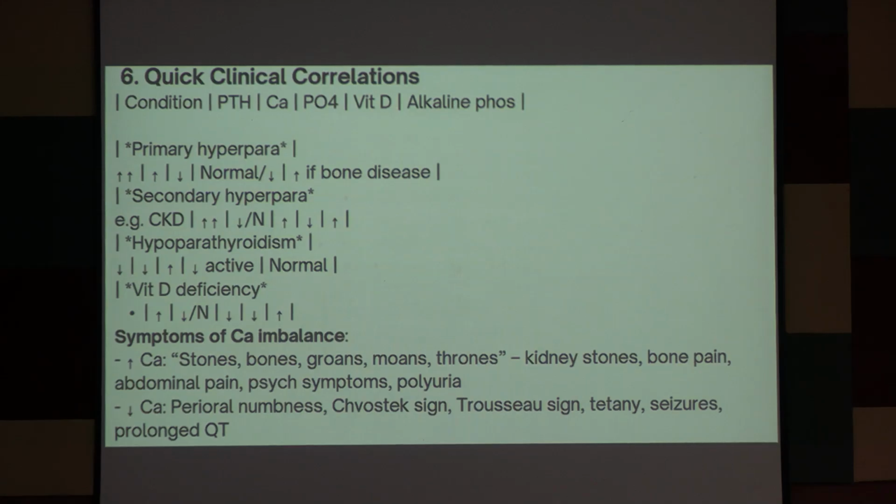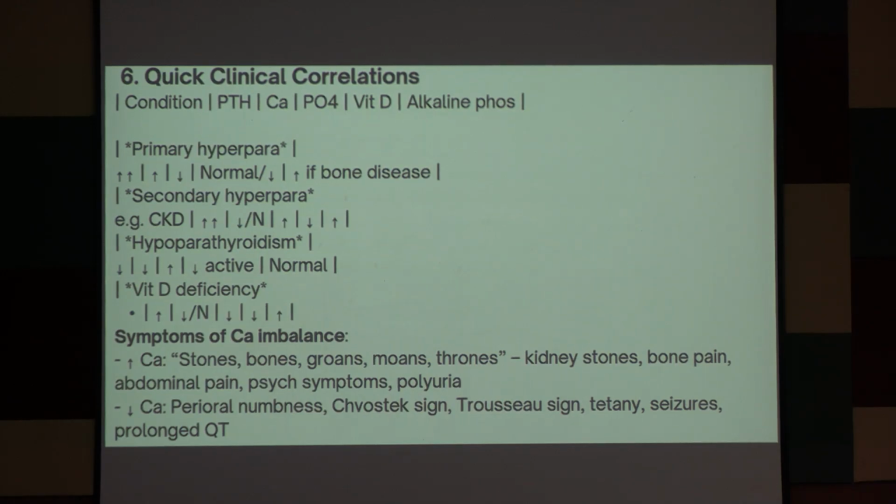Now, what are the symptoms of calcium imbalance? In hypercalcemia, the incidence of stones goes up. Calcium deposits: what are the different types of calcification? You know that? When there is dead tissue or in the fracture healing stage, calcification goes on.